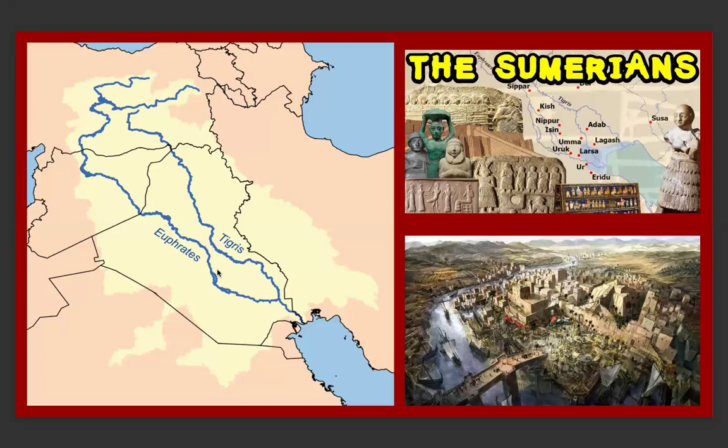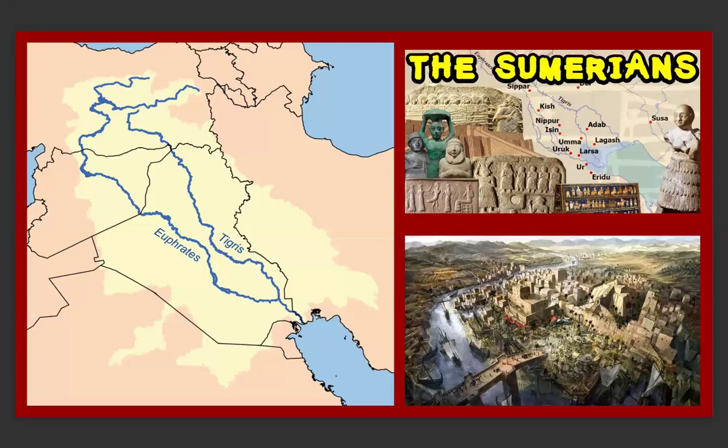So this is before the Exodus, that whole story of the Bible, if you're interested in that. But basically you see the rivers, right? So it's not a coincidence that one of the first main civilizations, the Sumerians, then the Babylonians, then the Assyrians, etc., would emerge here, because you see these two massive rivers.